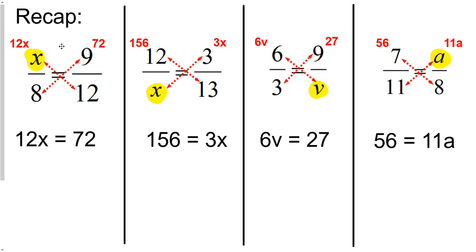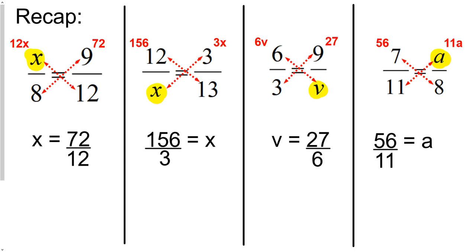Then you would just bring them straight down and have them equal to each other, okay? And whatever is in front of the letter, like this 12, is going to slide underneath the 72. This 3 is going to slide underneath the 156. This 6 is going to slide under the 27. And the 11 is going to slide under the 56. Whatever number is in front of your variable, you slide underneath the other number, and then you've got your division problem that you can type into your calculator.